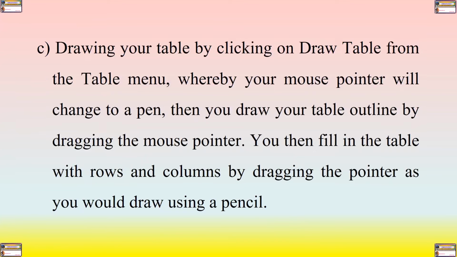This option is usually good in situations where you want your table to have a certain kind of look, where maybe you want some rows to be bigger than others, some columns to be bigger than others, to have some lines being horizontal, vertical, etc. So it gives you room to create a table with the look that you want.